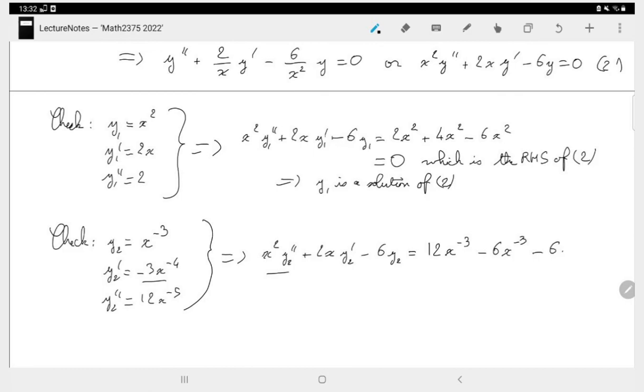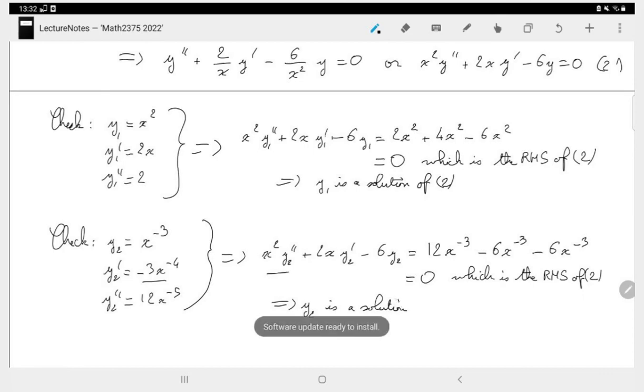And that's also 0, which is the right-hand side of equation 2. And therefore, y2 is a solution of equation 2.